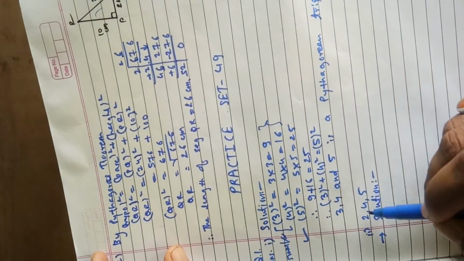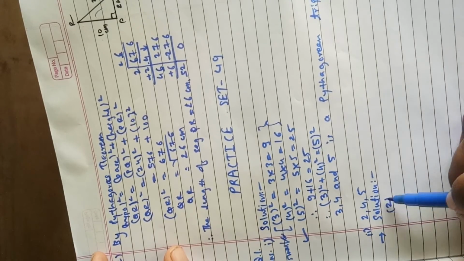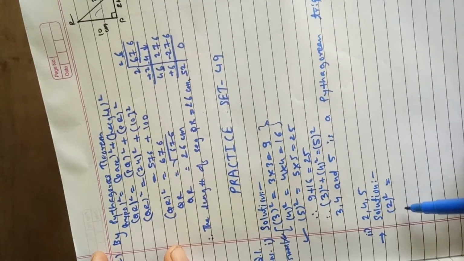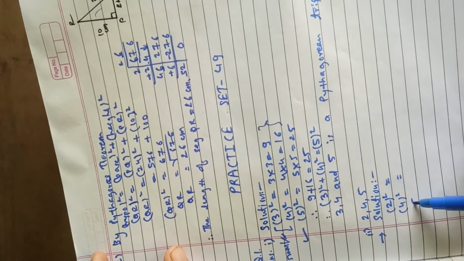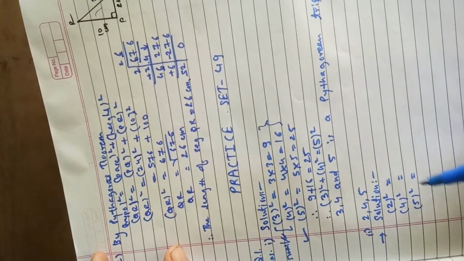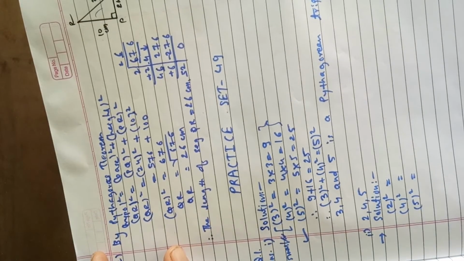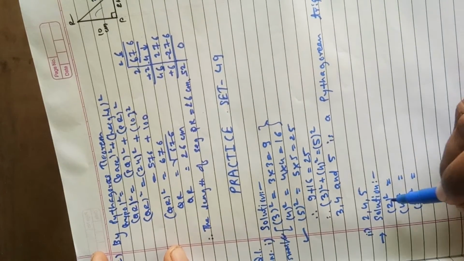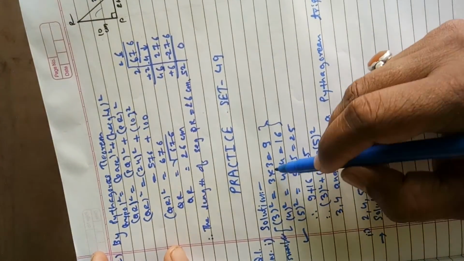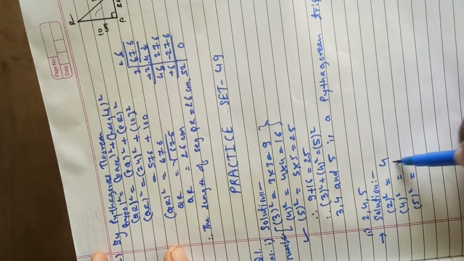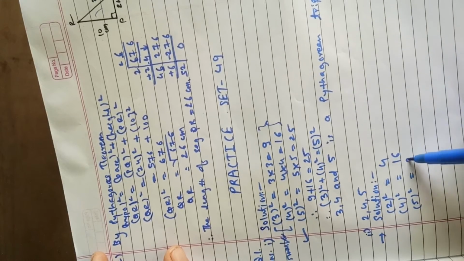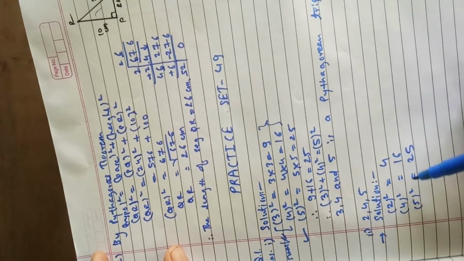First of all, find the square of all the numbers. 2 square, then 4 square, then 5 square. Even if you go with the shortcut, no issue. 2 square is 4. This I have done just for your understanding purpose. 2 square is 4, 4 square is 16 and 5 square is 25. Just now we have got the square of 4 and 5 in the previous example.